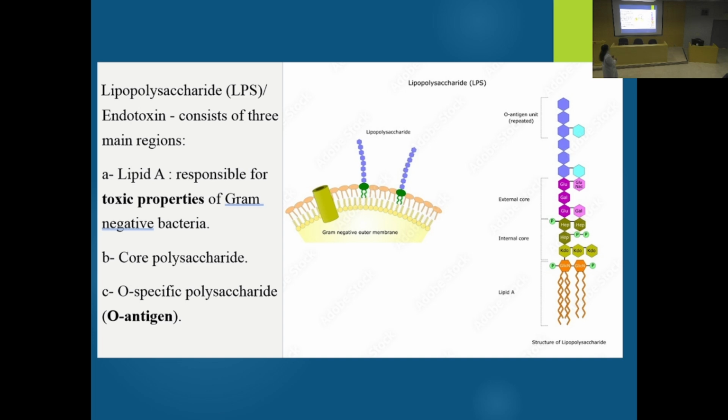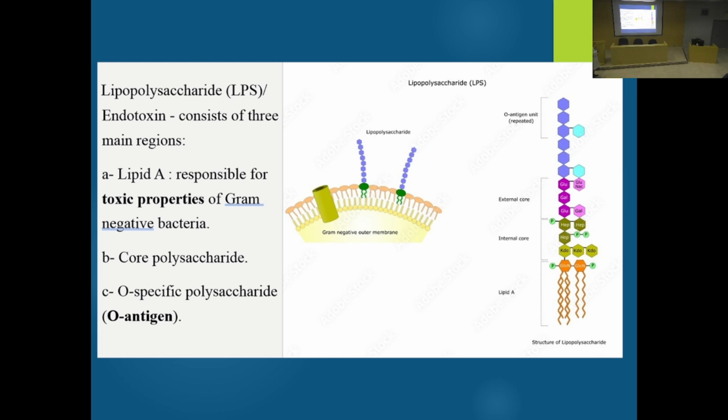Most important are the lipopolysaccharides. What are these lipopolysaccharides? They are also called endotoxin. This is specific to gram-negative bacteria because it is a component of the gram-negative cell wall.